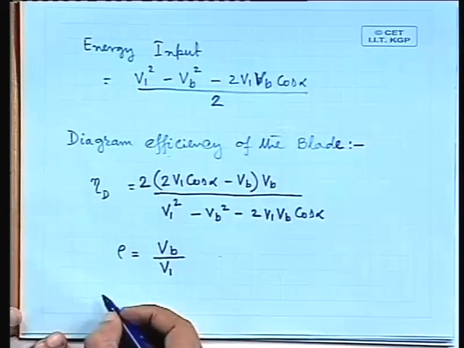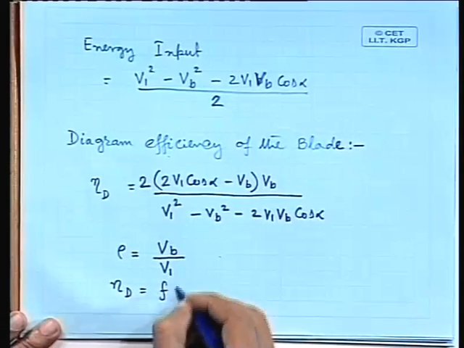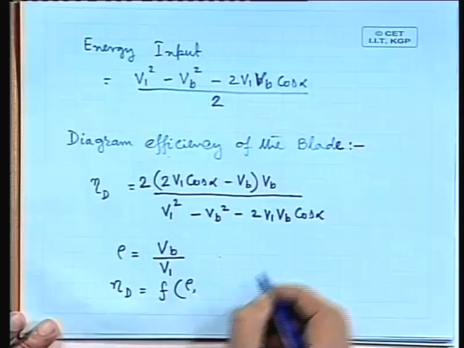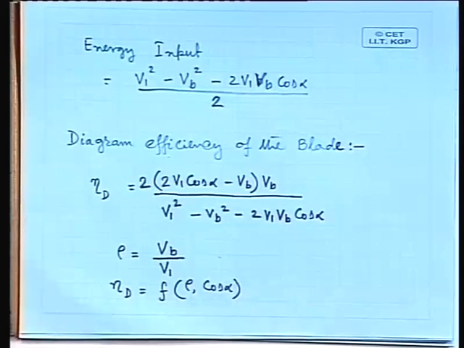That means eta d will now be a function of rho and cos alpha. So, just like our previous exercise, one can get the expression for rho for the maximum efficiency.